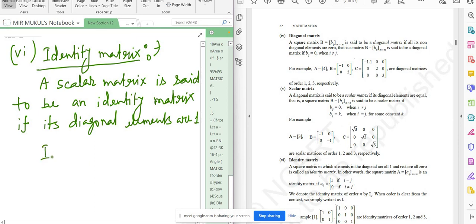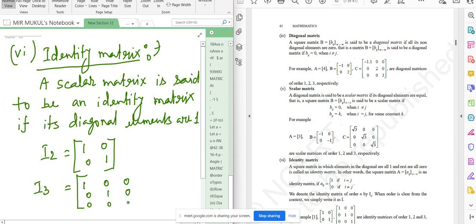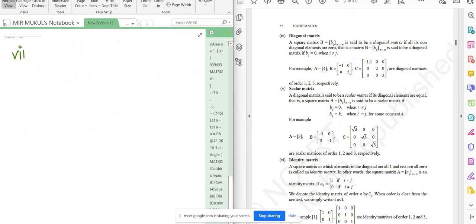That means I2 will be 1, 0, 0, 1, a 2 cross 2 identity matrix. I3 is a 3 cross 3 identity matrix: 1, 0, 0, 0, 1, 0 and 0, 0, 1. All are identity matrices. And I1 is going to be only 1.